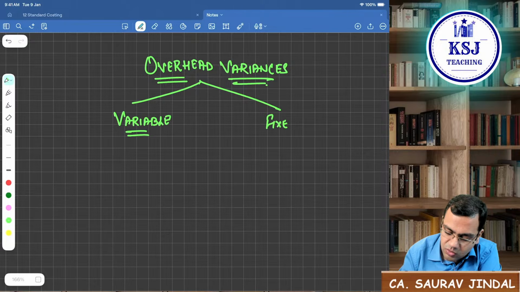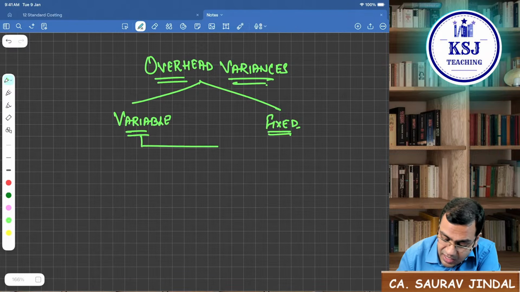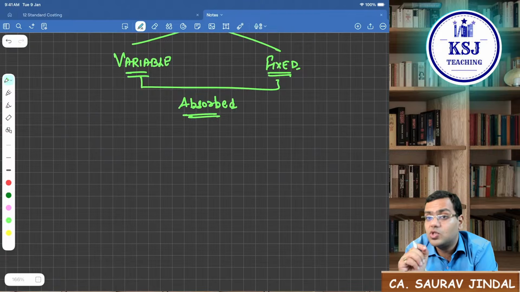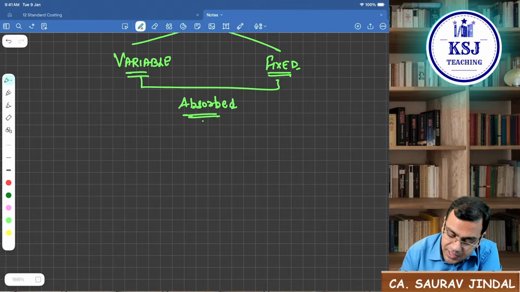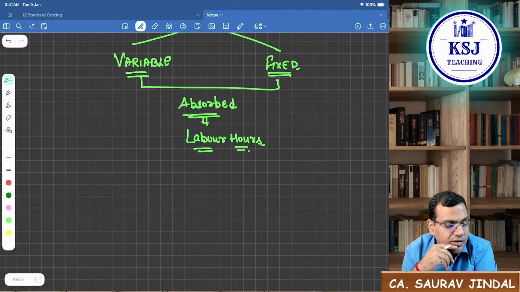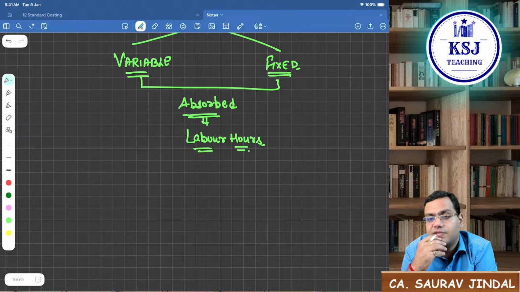As we have already studied in the chapter on overheads, these are to be absorbed, and in standard costing, when we absorb the overheads, we will normally absorb them on the basis of labor hours.